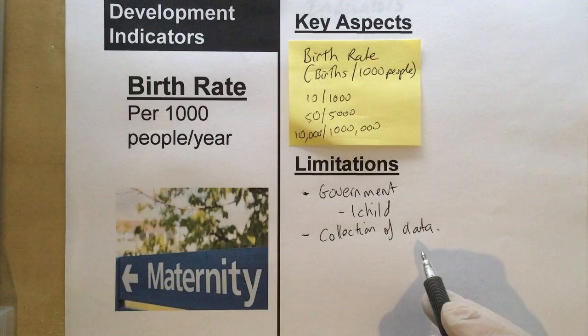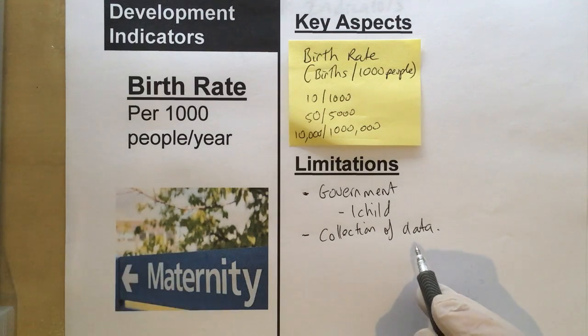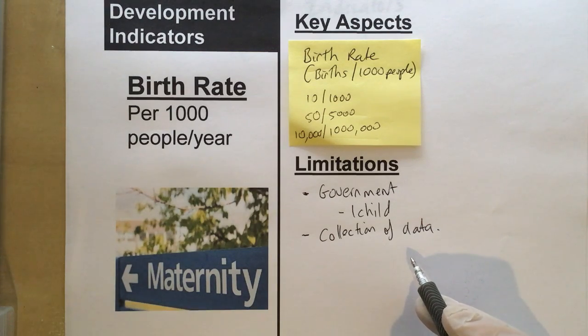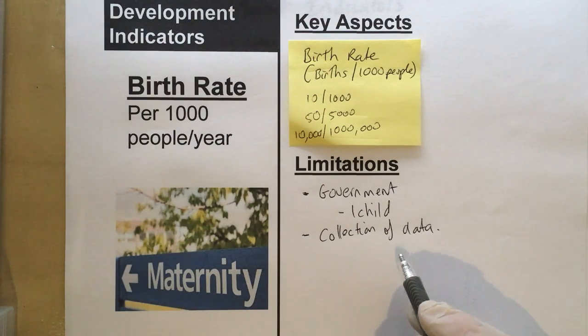So in the UK, that's excellent. However, in other countries, the recording of births isn't as accurate. The records might get lost, there may not be as robust record-keeping systems, or records might be done by hand, not by a computer. So things get missed or get lost. So the collection of data in some countries is a problem. So this means that the birth rate statistics are not always correct.